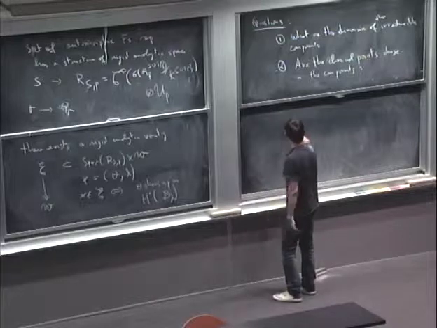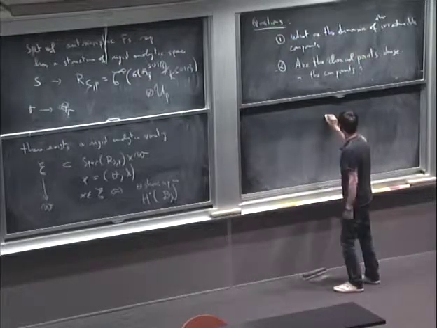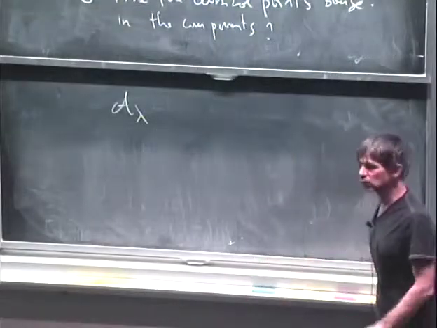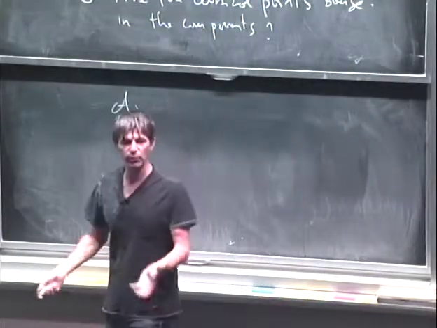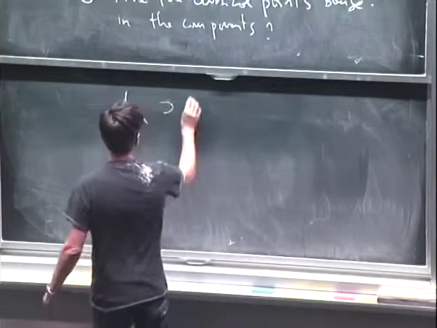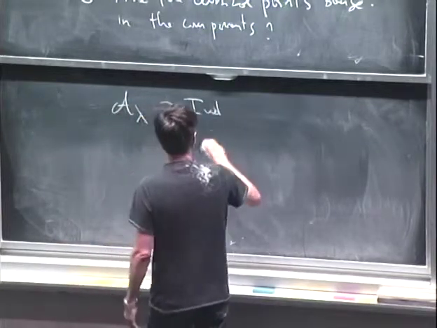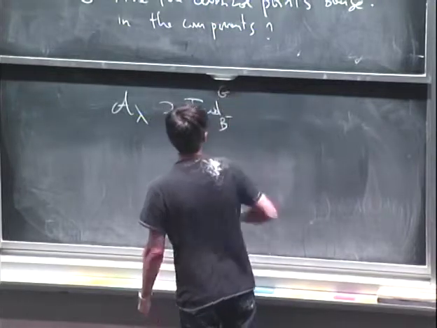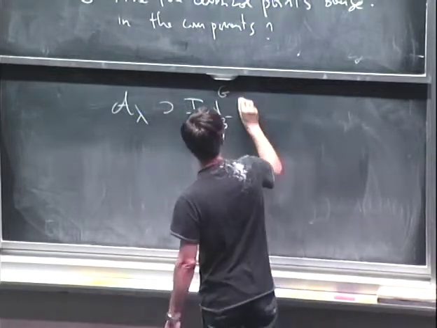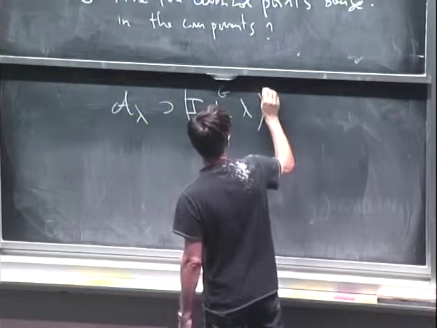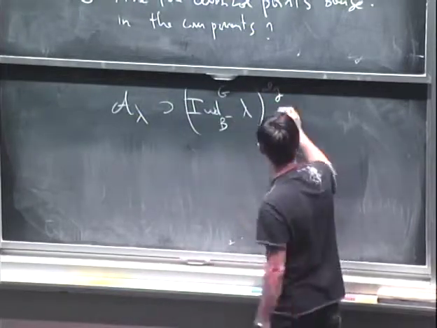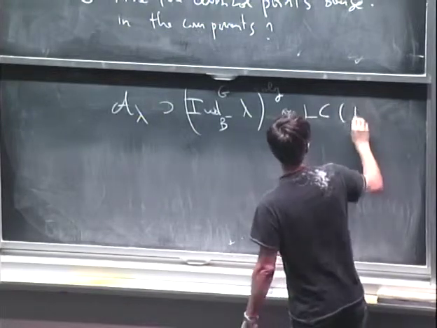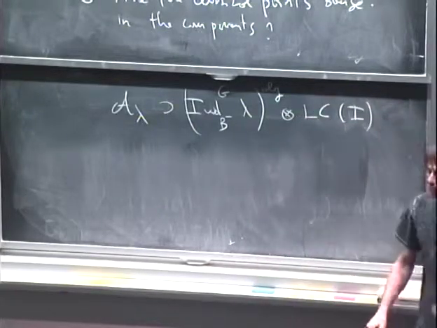So I have defined L_lambda as this space of locally analytic functions. And of course, it contains the locally algebraic functions, which is the induction from B minus to G of lambda, algebraic, and you take the tensor with the locally constant functions on the Weyl group.